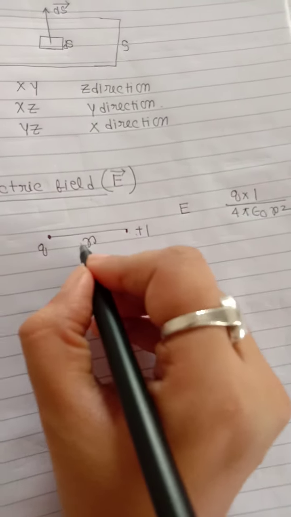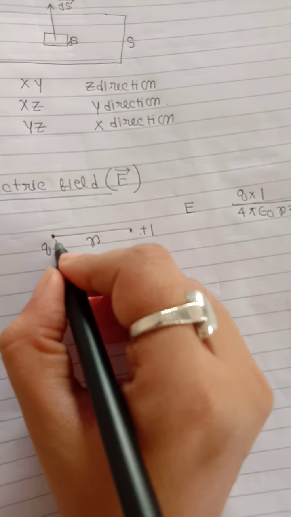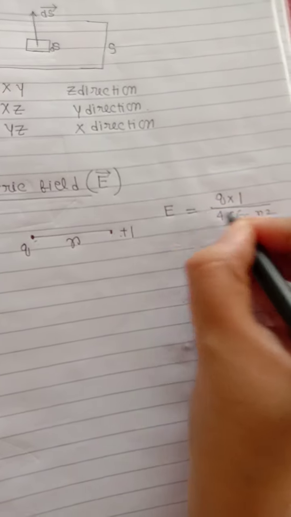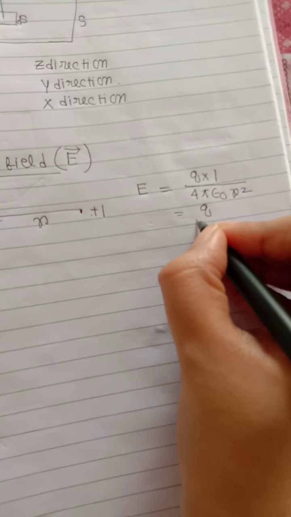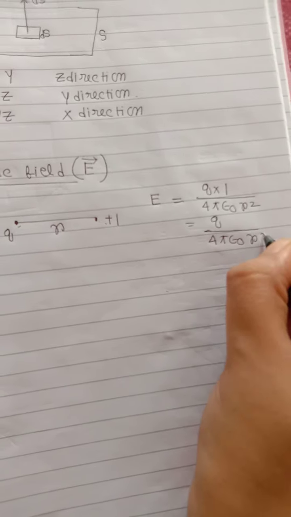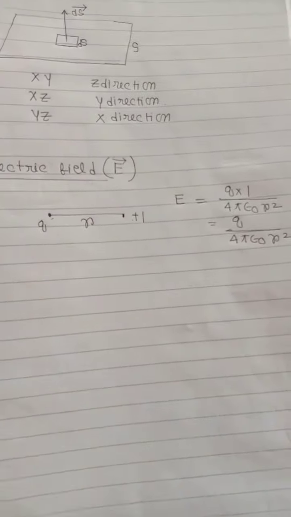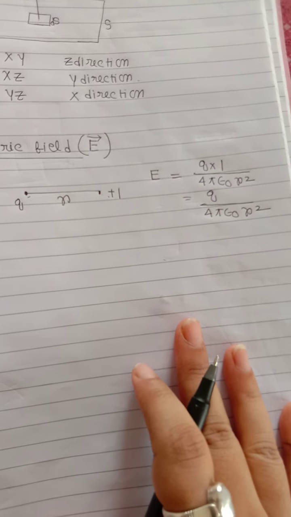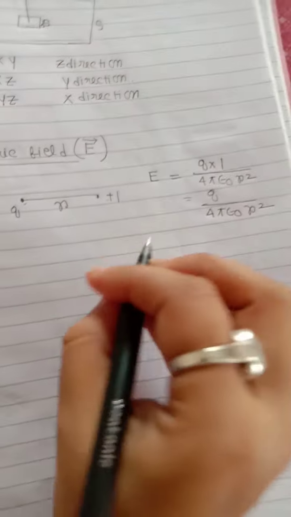So the electric field at a distance r from the source charge Q is Q by 4 pi epsilon 0 r square. This is the expression of electric field, that is, the force experienced by a unit positive charge at a point in the electric field is called electric field strength at that point.